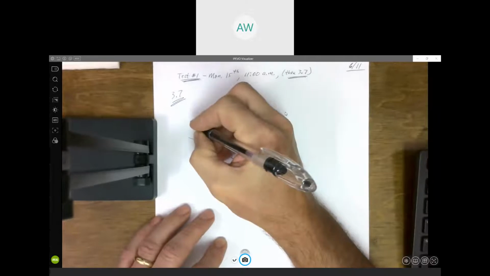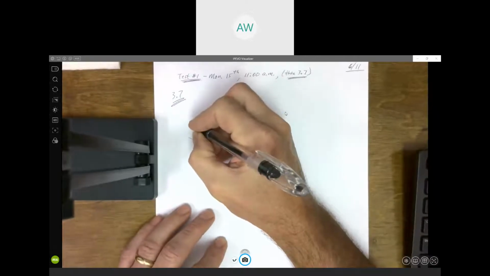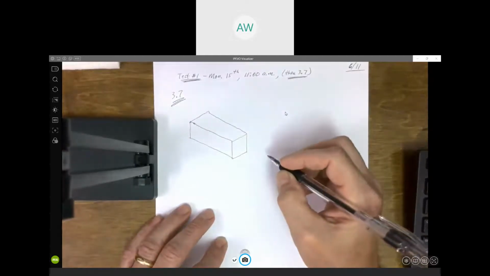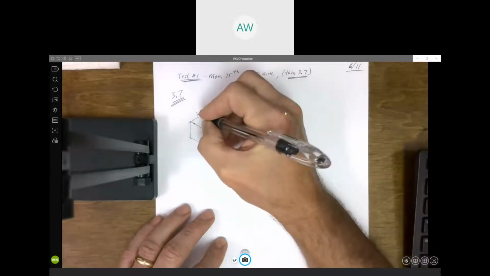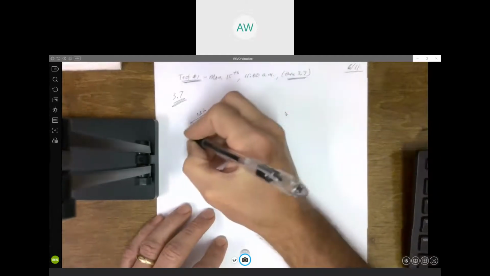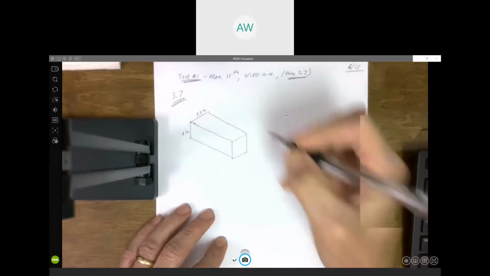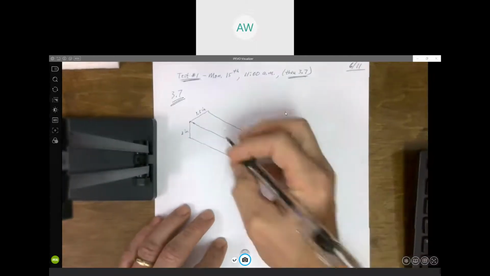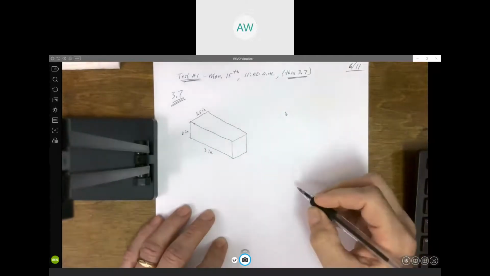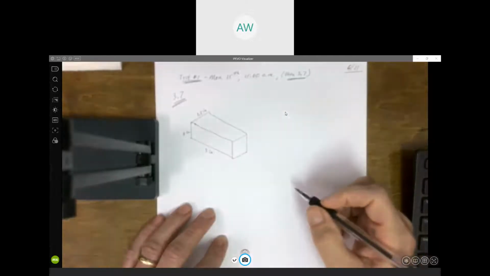I'm sure mine will not be to scale. All right, so 1.5 inches wide, 2 inches tall, and yeah, mine's definitely not to scale. It's supposed to be 3 inches long, but my picture definitely looks longer than 3 inches.